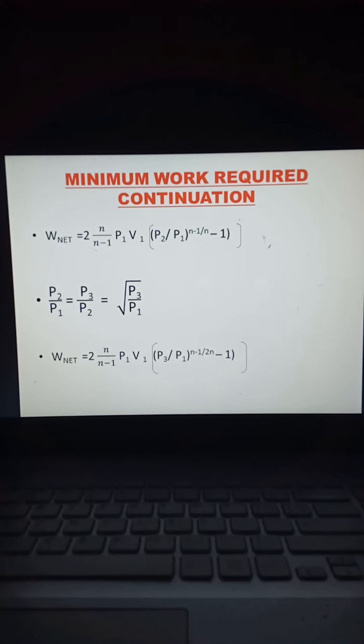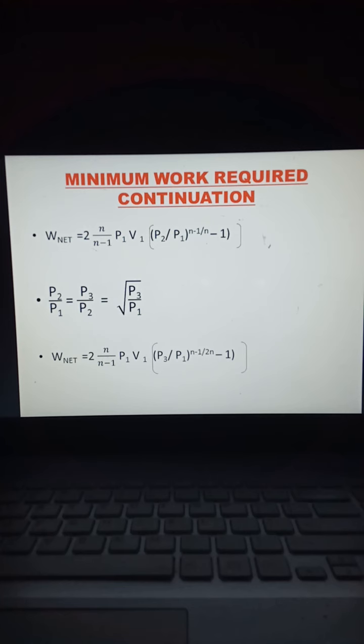So for getting the minimum work, we just write the equation for two-stage compression with perfect intercooling. We differentiate that equation with respect to P2 because we know that the varying quantity is P2, and for getting minimum work we differentiate and equate the slope to 0.